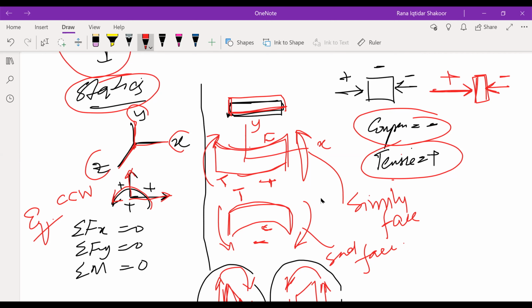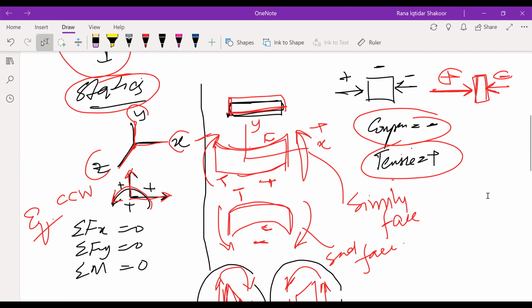This is positive because this is counterclockwise, and this is the negative moment. Just like the forces we applied in this particular case, one was statically positive and the other statically negative, and it is causing compression, right? Likewise, the positive moment and negative moment are causing positive bending, right? The inner surface is under compression and the outer surface is basically under tension.